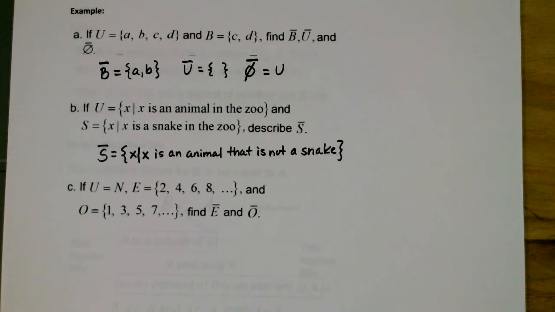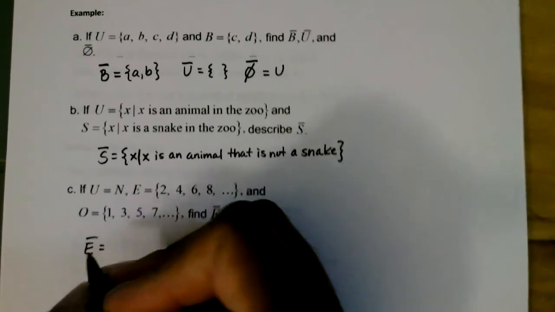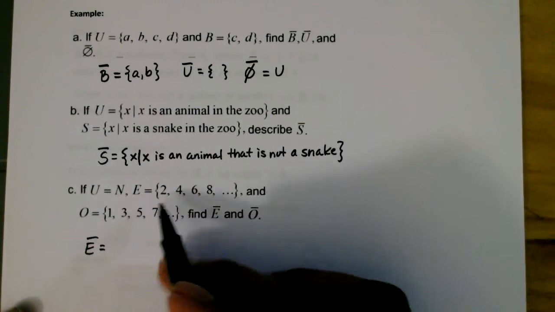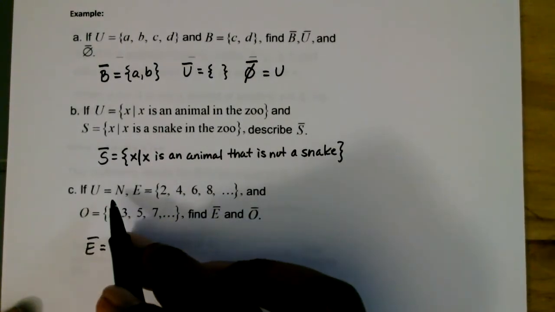And part C, if the universal set is the set of natural numbers, which is N, E has the elements 2, 4, 6, 8, and so on, and O has the elements 1, 3, 5, 7, and so on. I want the complement of E and the complement of O. In this case, if you take away the even numbers from the universal set, which is the set of all natural numbers, guess what you'll be left with?